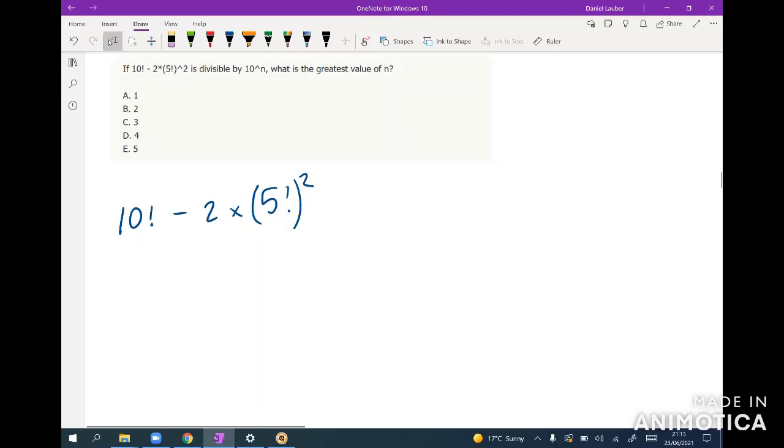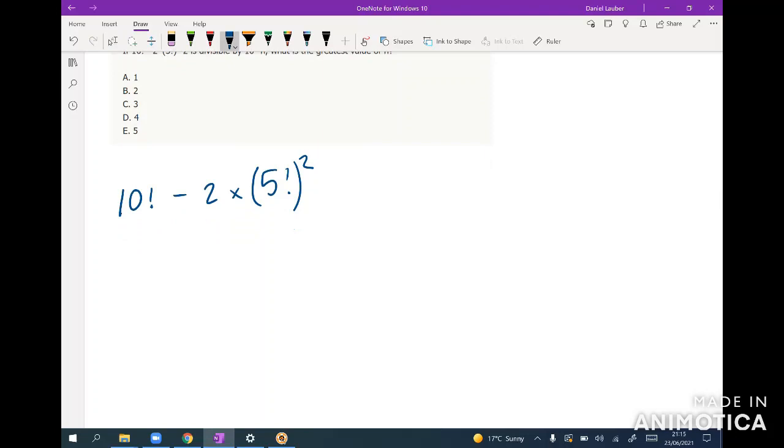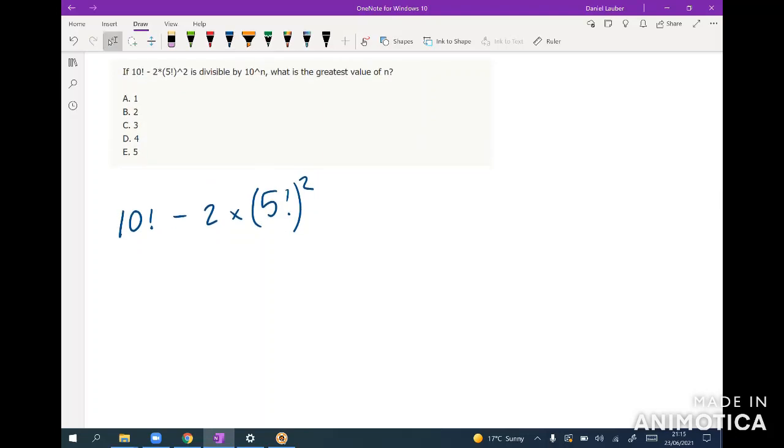A little bit nasty, this question. But let's start making some progress. What can I do with this? I'm thinking the minuses are really messing this up.